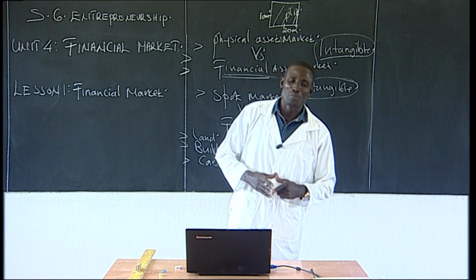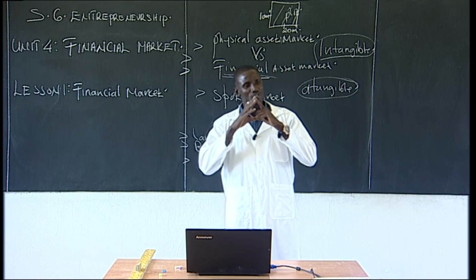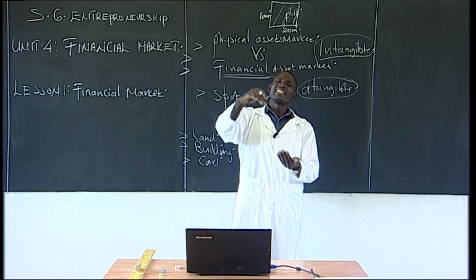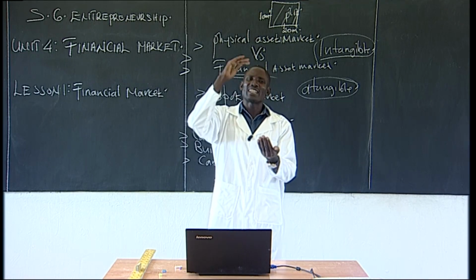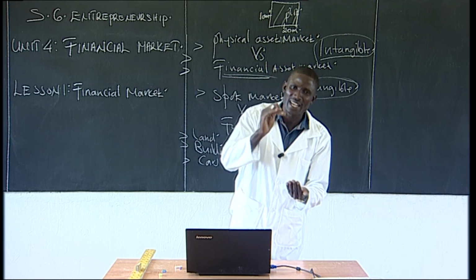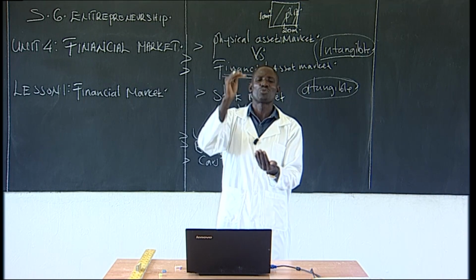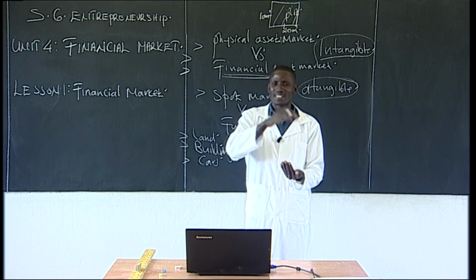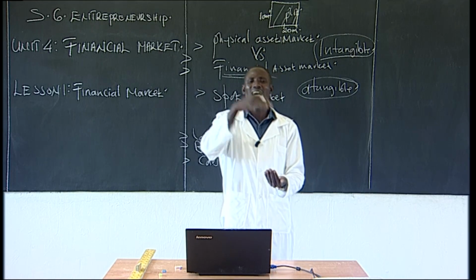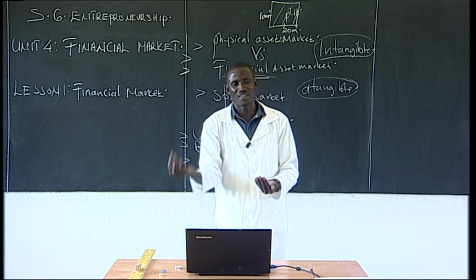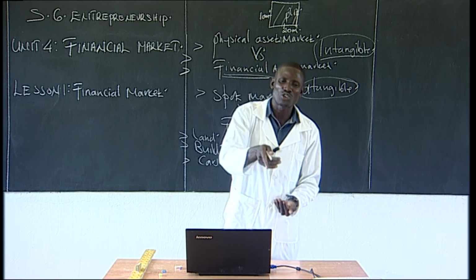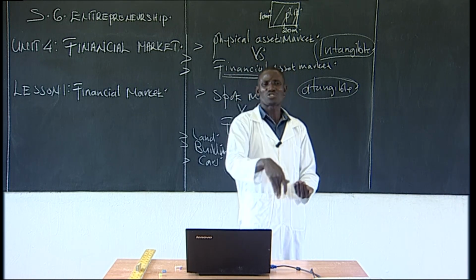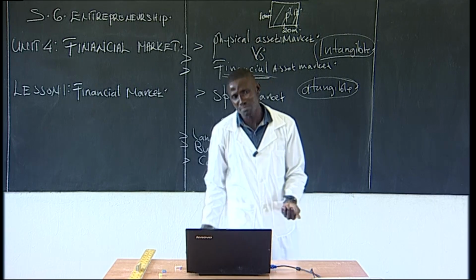So, thank you. When we talk of price fluctuation, it refers to unstable prices of goods and services. When prices of goods and services are unstable, we say that the commodity is fluctuated because its price is unstable.